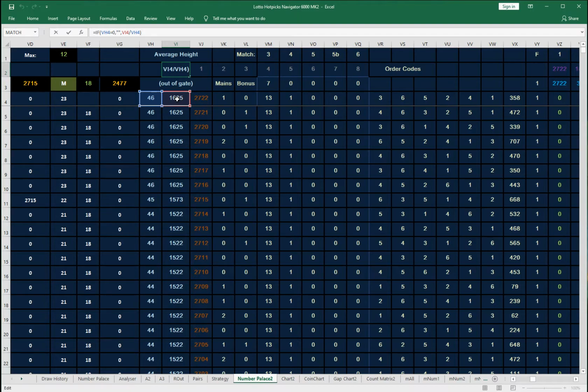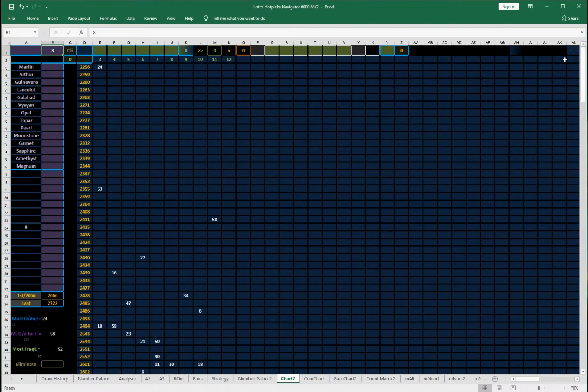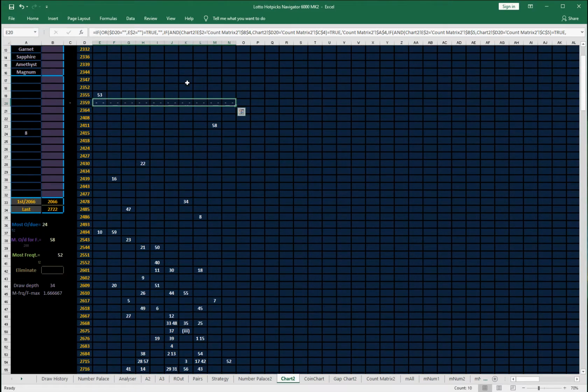So we look at the overdueness at each stage in the draw history and add it up to work out the average, and that's how we do that line. So that number there, 35, then it gets specified on the chart, and it works out where to put the average line.